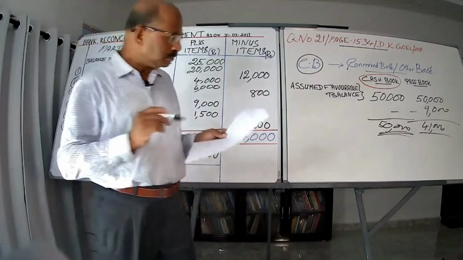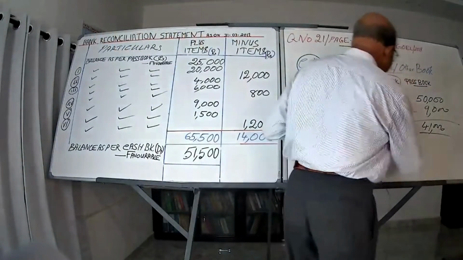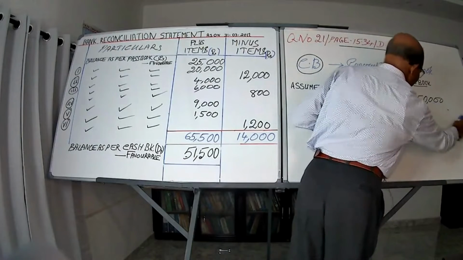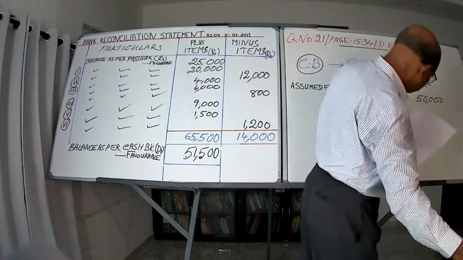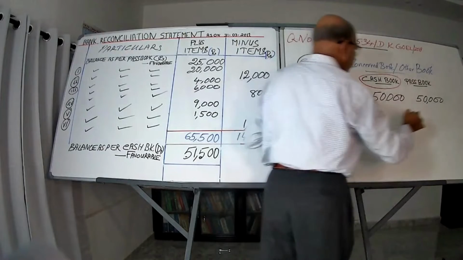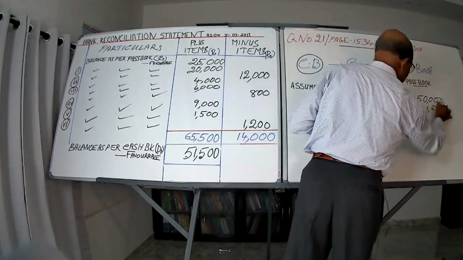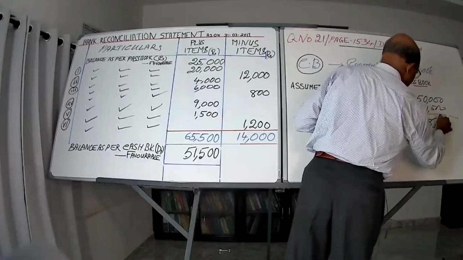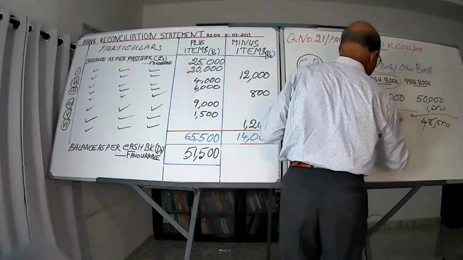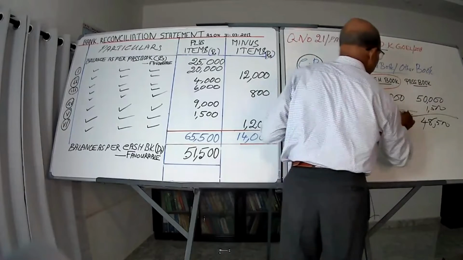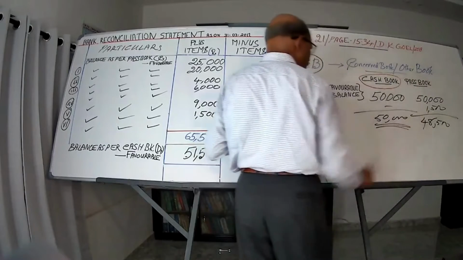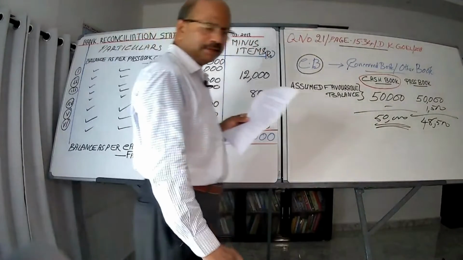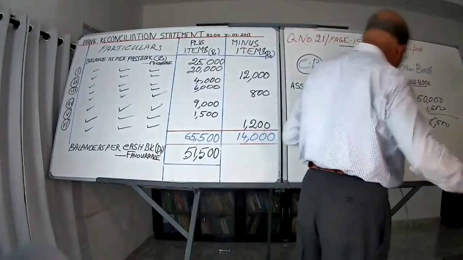So let's analyze this one again. Bank has reduced on account of a debit of 1,500. It has come to 48,500. I was not aware; it was 50,000. So it has got an increasing effect as compared to the other book to the extent of 1,500. I am showing it here. Okay, fine. Next one.